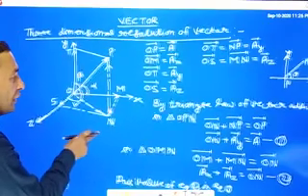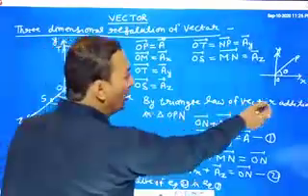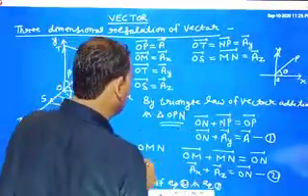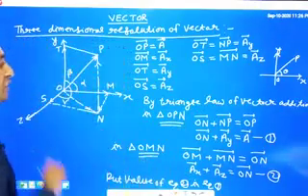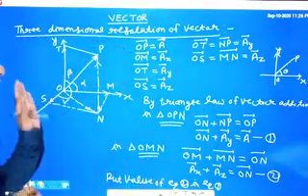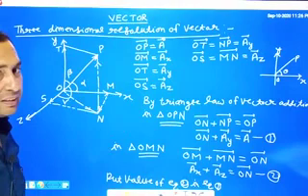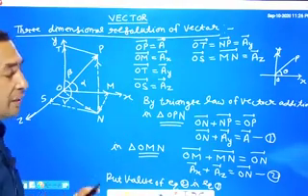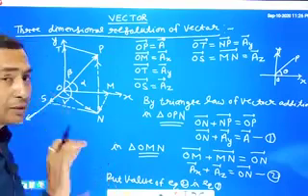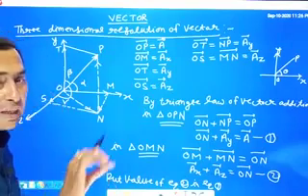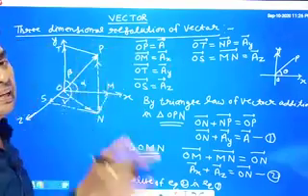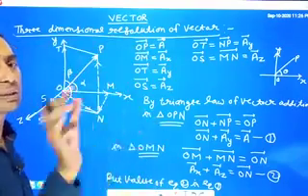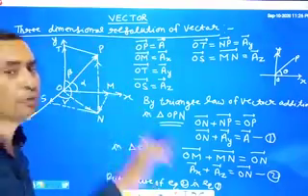Now we use the triangle law of vector addition in two triangles. First we take triangle OPN. What is the triangle law of vector addition? It is a very simple law. We take two sides of any triangle in the same order, and the third side is equal to the sum of these two sides in opposite order.